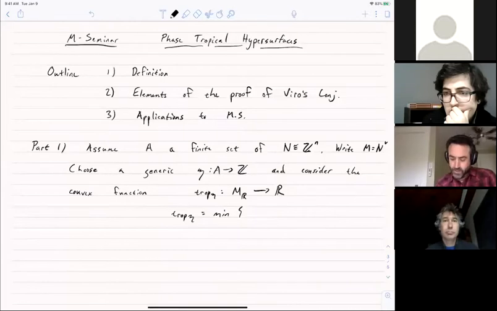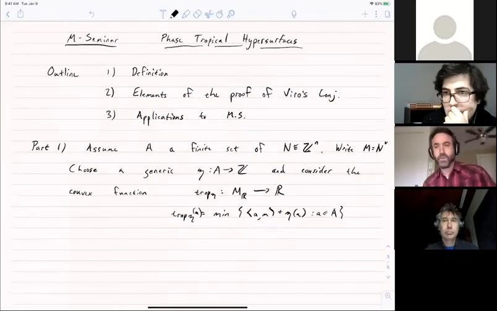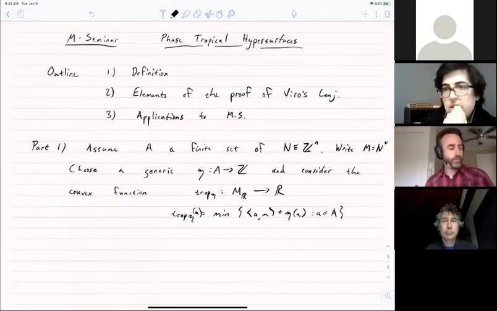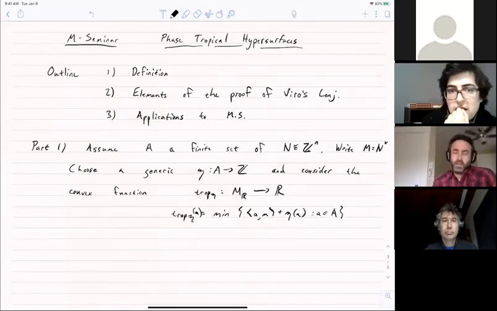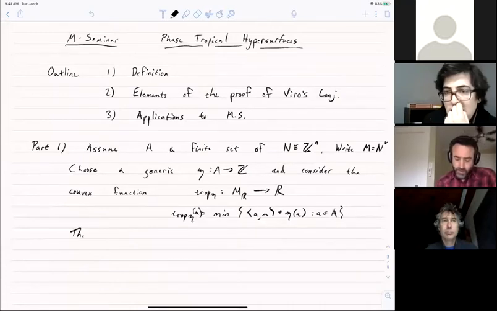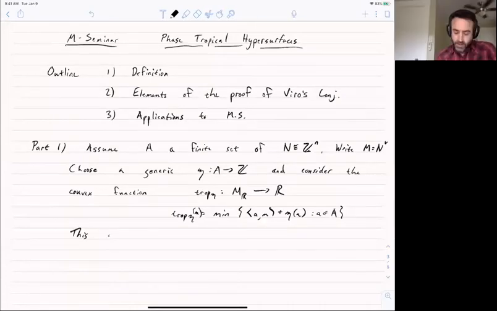So I guess if I put in m, this will be a, m plus eta. Okay. So this function then induces a polyhedral decomposition of M_R.